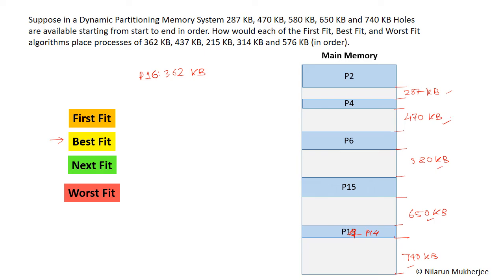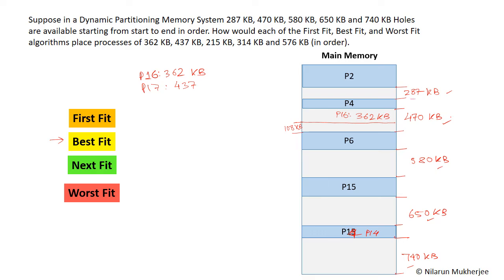In all these 4 holes I can fit the process, but the smallest adequate hole is 470. So it will put P16 here, 362 kb. So the leftover will be 470 minus 362, 108 kb.